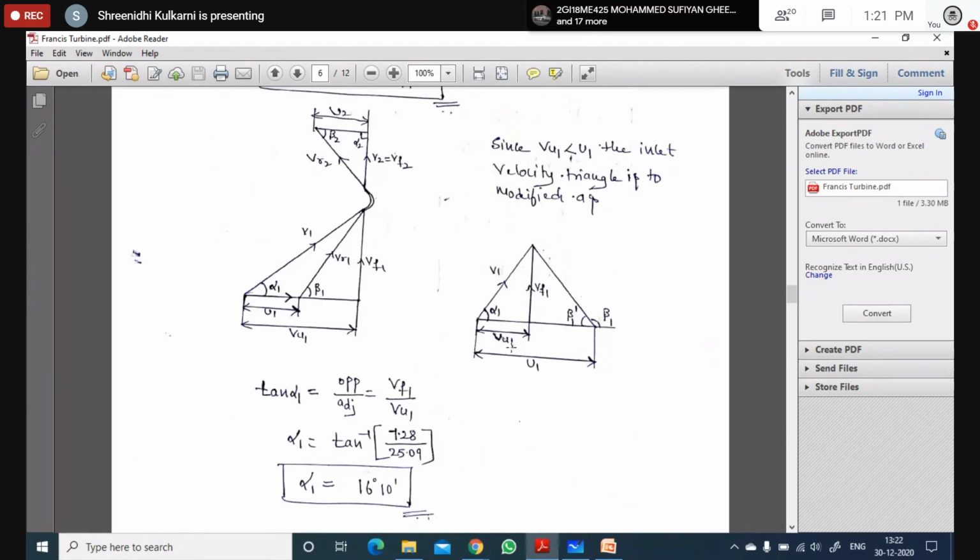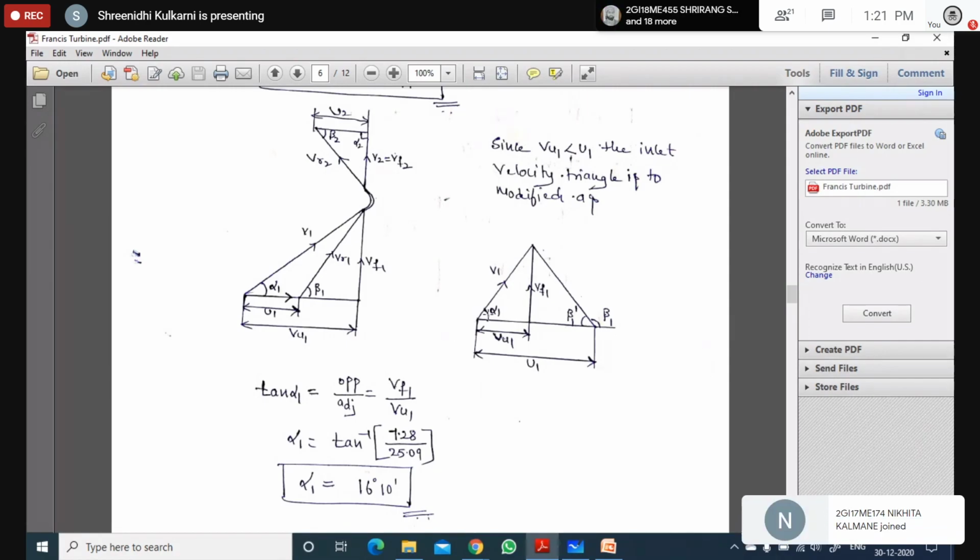Once you complete it, next we have to find the nozzle angle. This is from the inlet velocity triangle. This is a right angle triangle. So tan alpha 1 is opposite by adjacent.